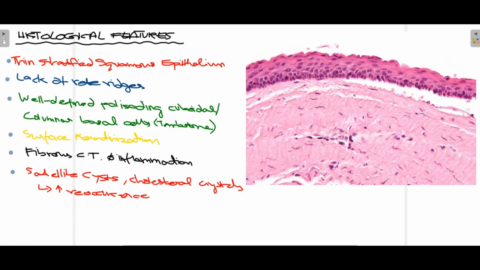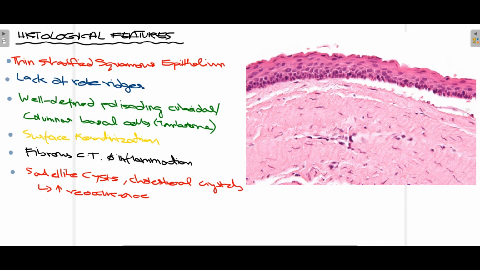Now talking about the connective tissue, you can see it is fibrous in nature and there are no inflammatory cells present, so there is no inflammation of the connective tissue. And lastly and importantly, satellite cysts are present in OKC's epithelium, which are important because when you take out an OKC from a cavity, if they remain in the cavity after you have enucleated or surgically removed the OKC, the presence of satellite cysts leads to recurrence of that OKC.